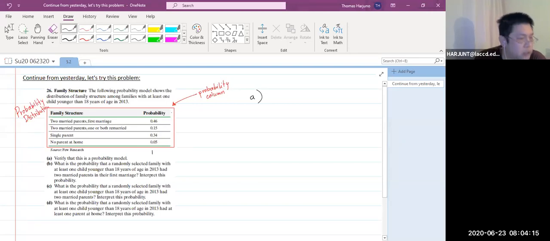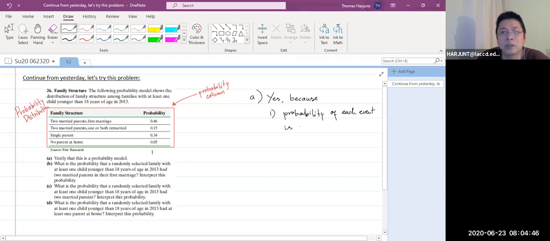Okay, but let's check. When you add this, does it give you 1? Yes, because first, the probability of each event is 0 or positive.